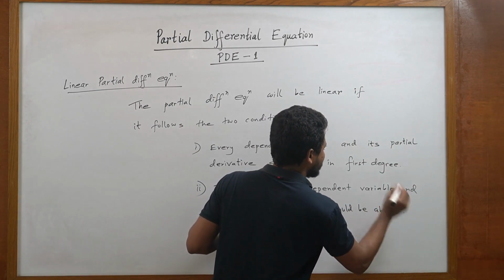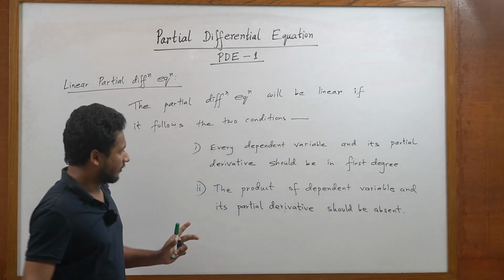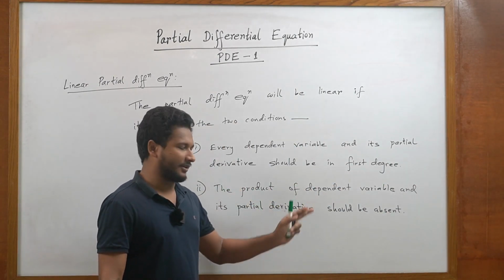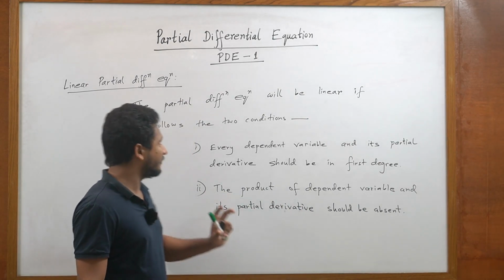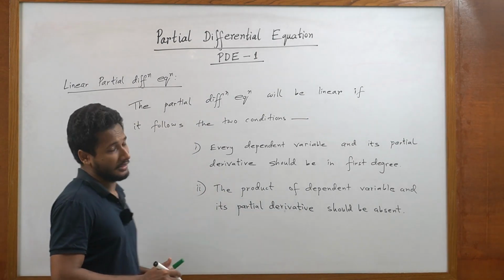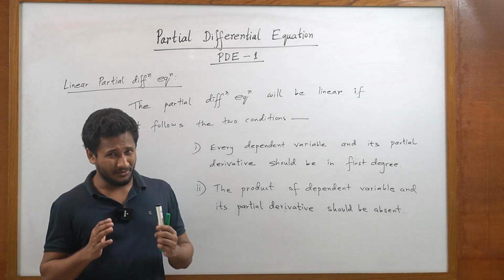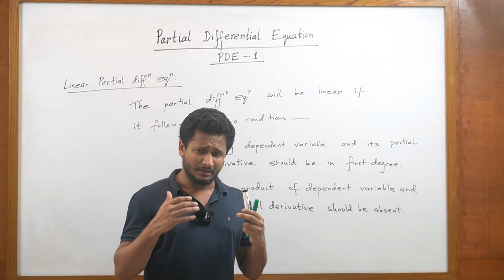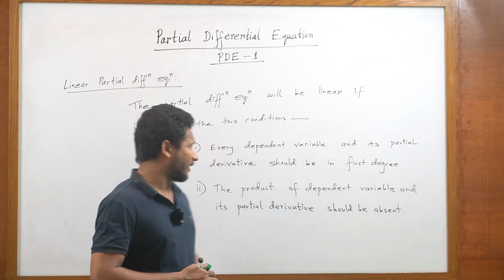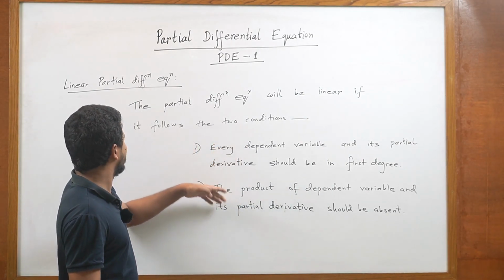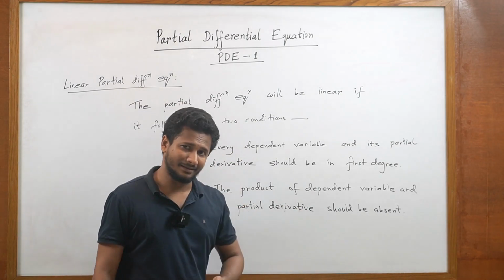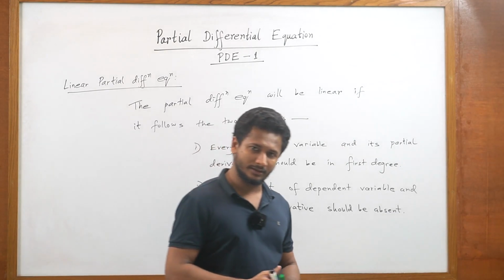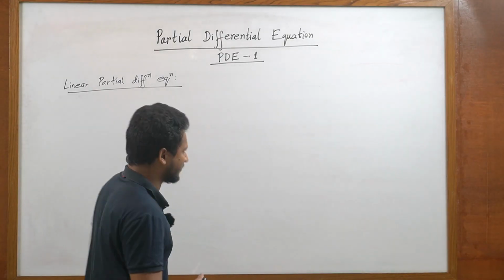Of course, there is no product of dependent variable and its partial derivative. Then the equation will be called linear partial differential equation. If an equation doesn't follow the condition of linear partial differential equation, then the equation will be called non-linear partial differential equation.